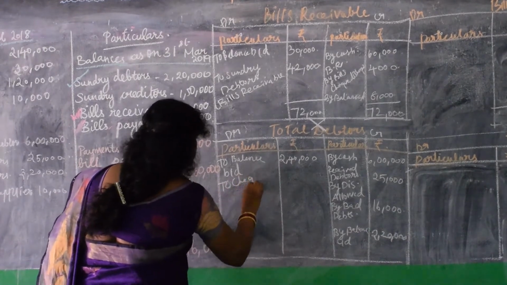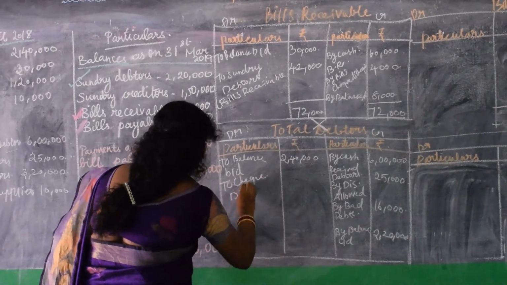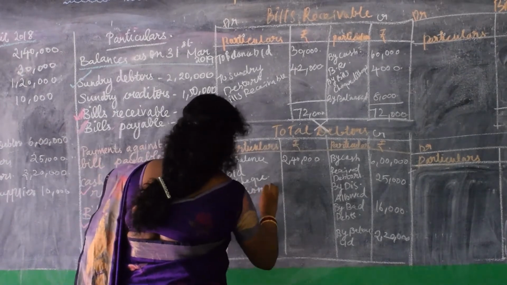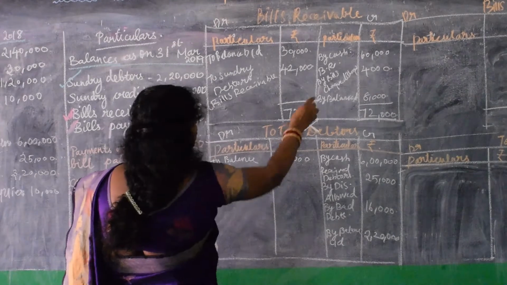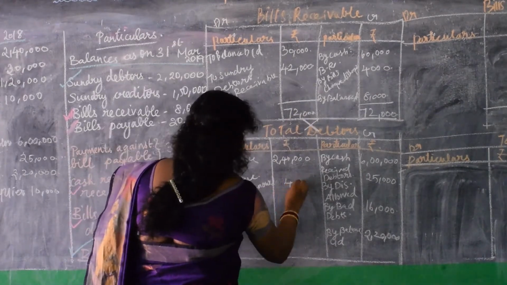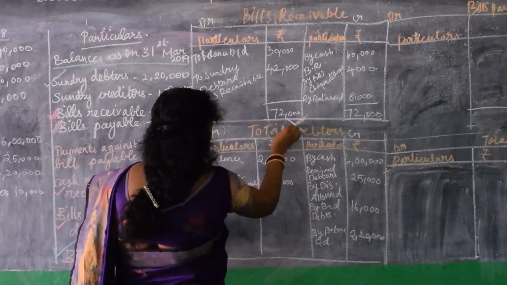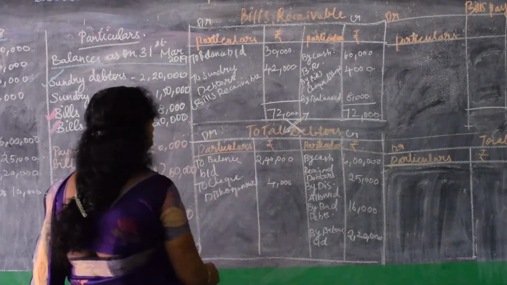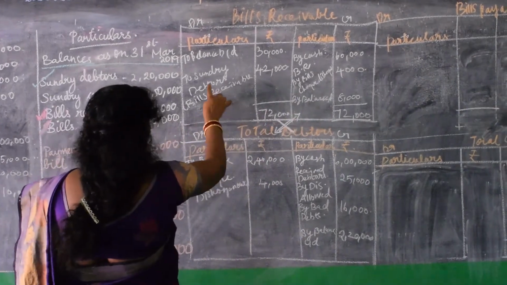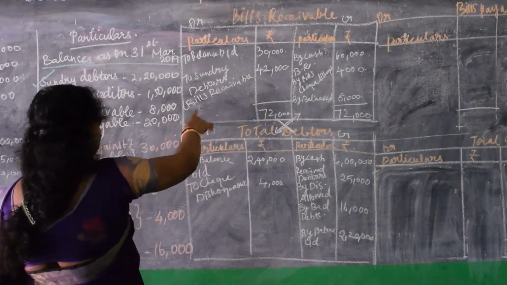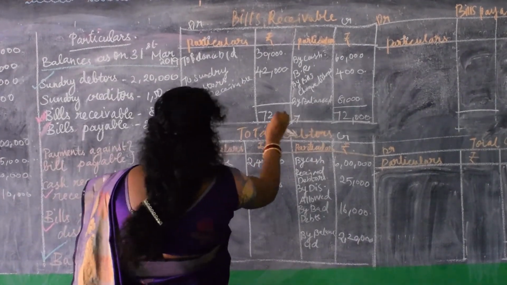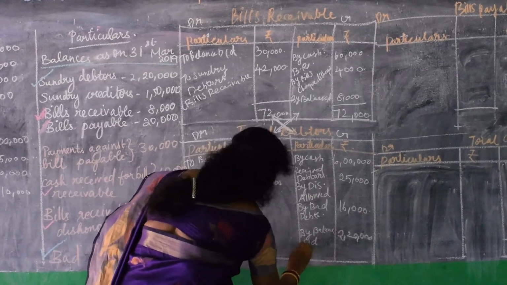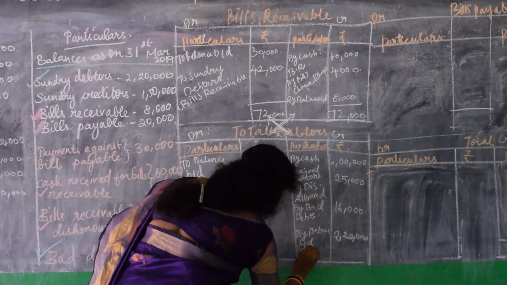To cheque dishonored, what is the amount? 4,000. This line, okay? This arrow mark. Then next, this arrow mark. We have found out through the bills receivable, that is sundry debitors, no? This cross. This cross to sundry debitors. Why sundry debitors?